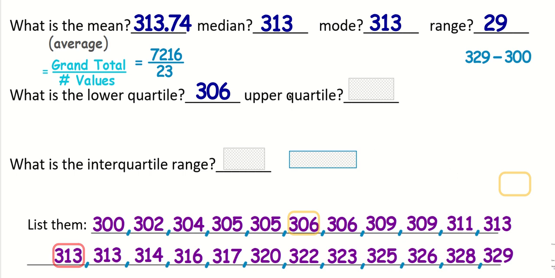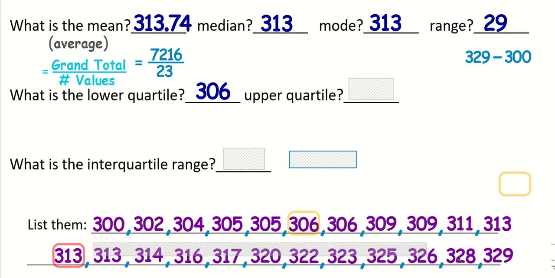So again, what you might want to write down is upper median. This is another name for upper median, or third quartile. So this is sometimes known as the first quartile, and this is sometimes known as the third quartile. So likewise, 1, 2, 3.